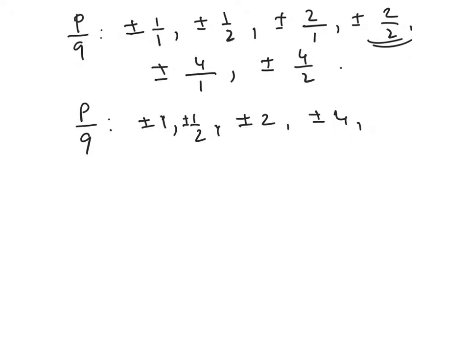We will now start testing them one at a time by substituting the value of the possible zero into the polynomial. So we start with p of 1.